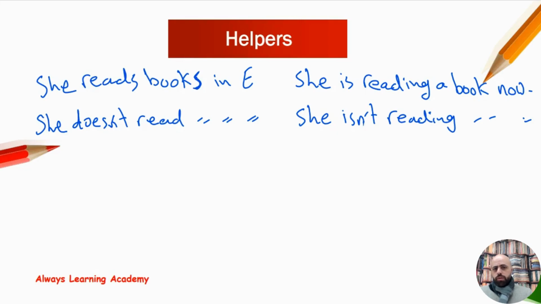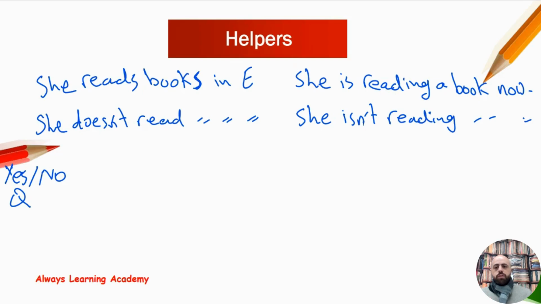What about the questions? Now we have two types. One type we call yes, no question. Yes, no question, which is simple to do, just flip the order between the subject and the helper. So always we start with the helper here.